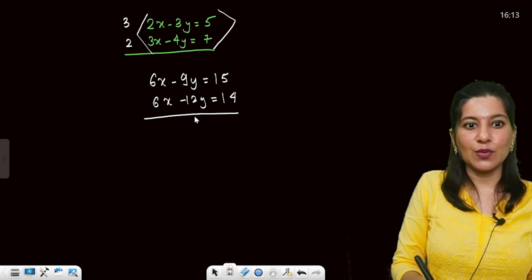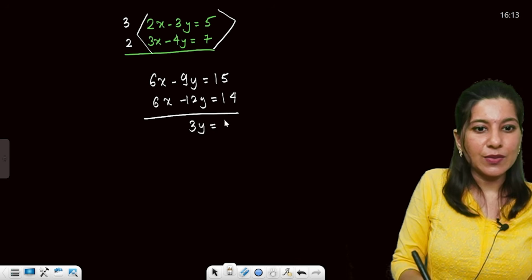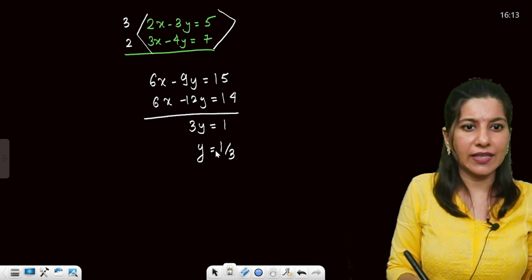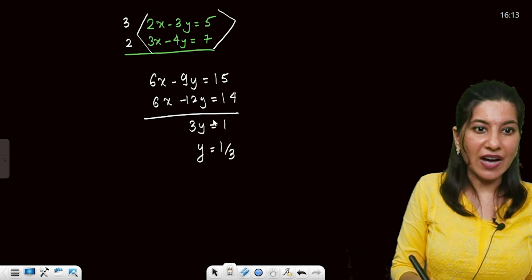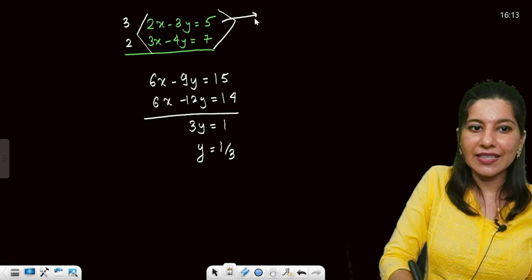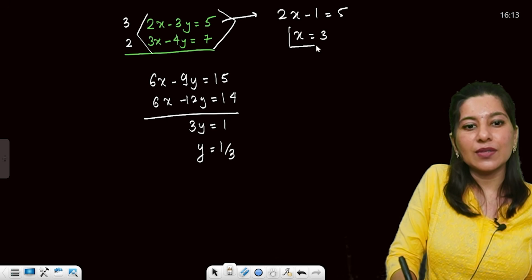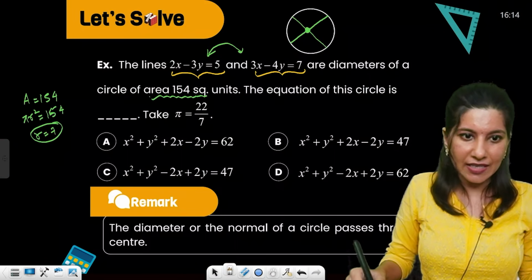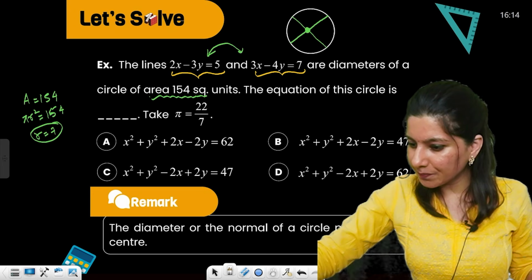Subtract. The moment you subtract, you will get 3y = 1, so y is coming out as 1/3. The moment you put y = 1/3 in here, 2x − 1 = 5, so x is equal to 3. So (3, 1/3) is your center. Let's go back. Let's check.